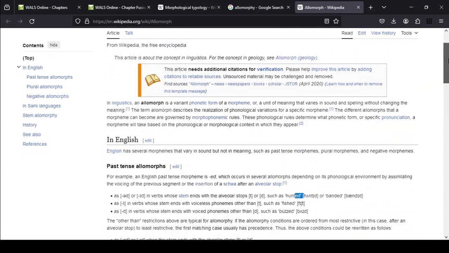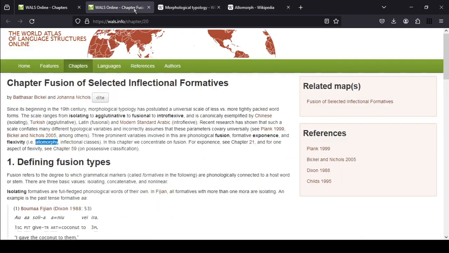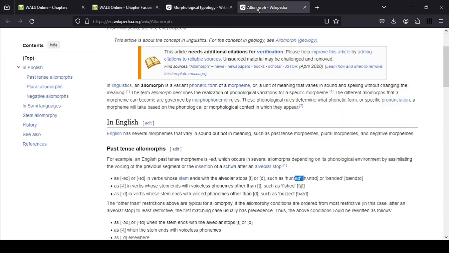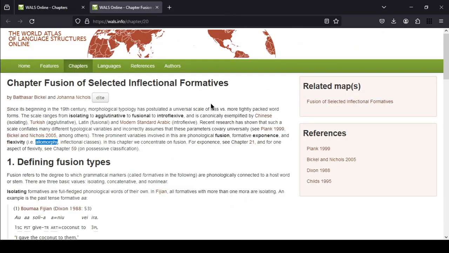Like I have a book, but I have an apple. Those are two allomorphs of the same word. So the flexivity of the allomorphs factors into where languages are on the scale. It's a component of it.